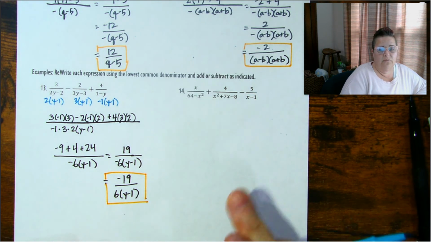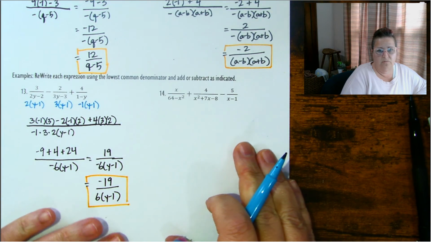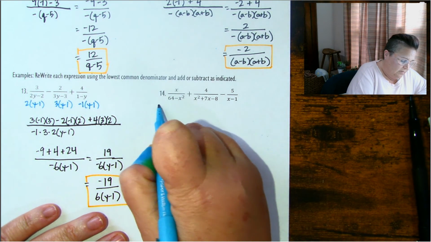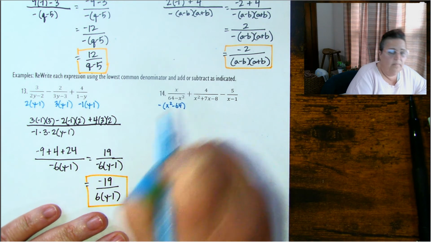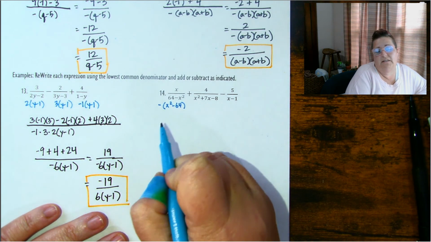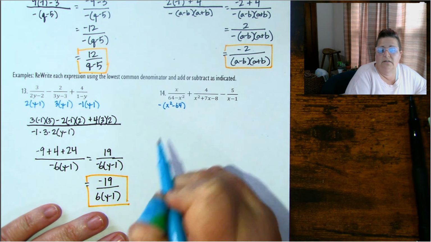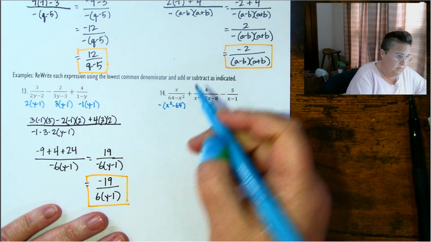Let's take a look at number 14. First step, are the denominators factorable? 64 minus x squared. I'm going to do this as a negative, x squared minus 64. Now, do you recognize x squared minus 64? That's a difference of squares. 64 is 8 squared.